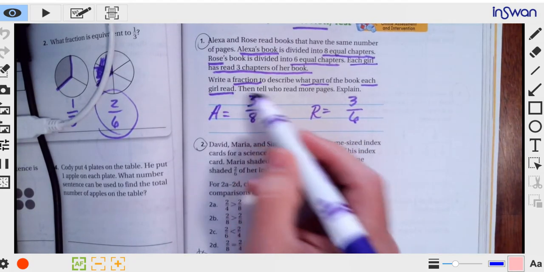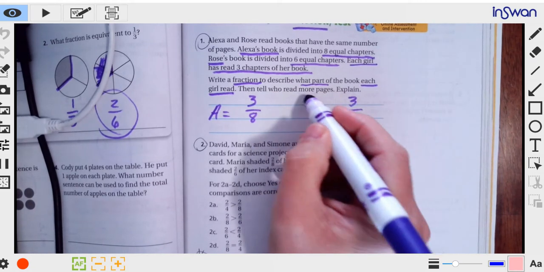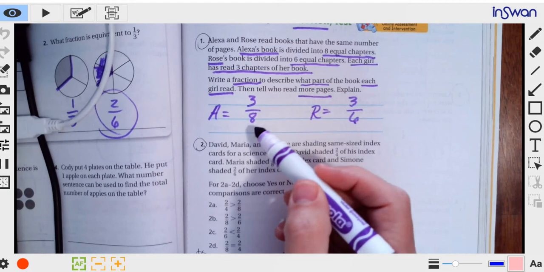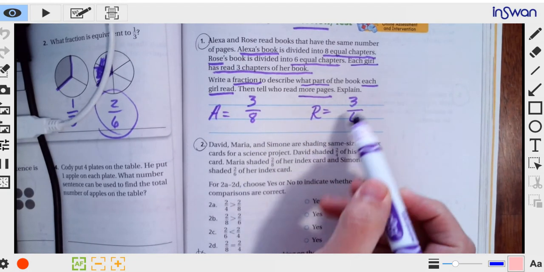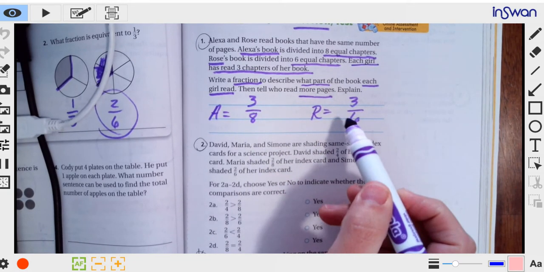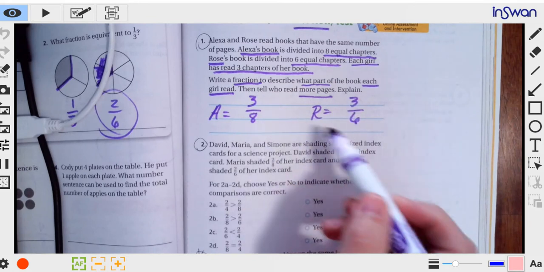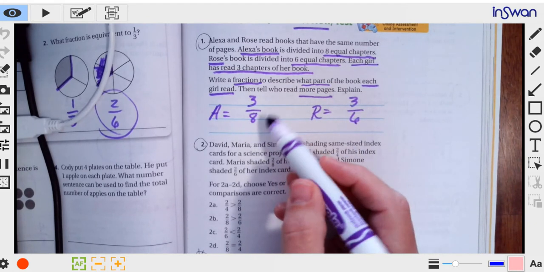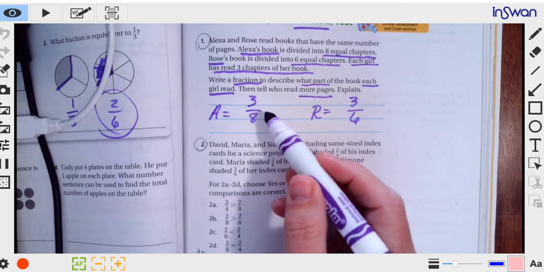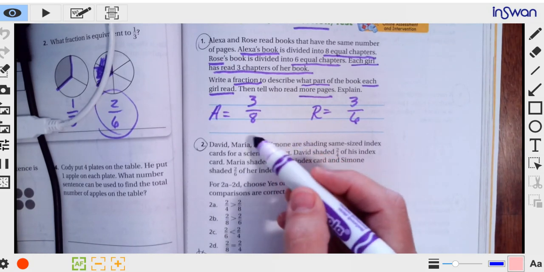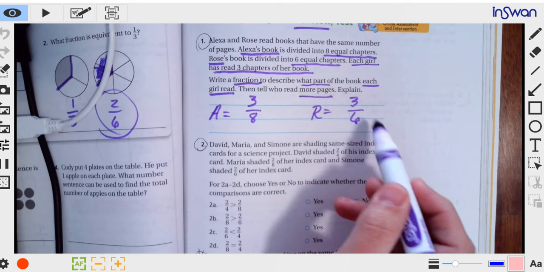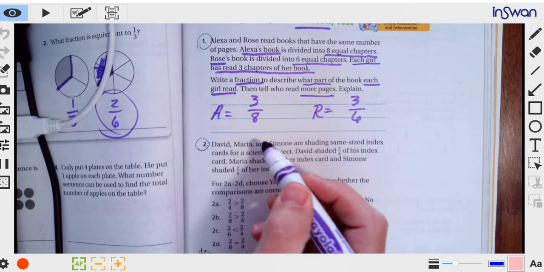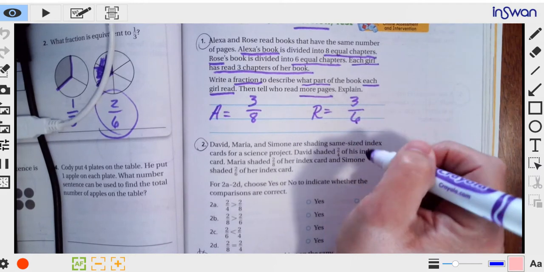Now we need to tell who read more pages. Okay, so let's look here. Different denominator, same numerator. So now we look at the size of the pieces. 8ths, that means that it's going to be cut up into the smaller pieces, right, than the 6ths. So the 3/8 is going to be less. So who read more?